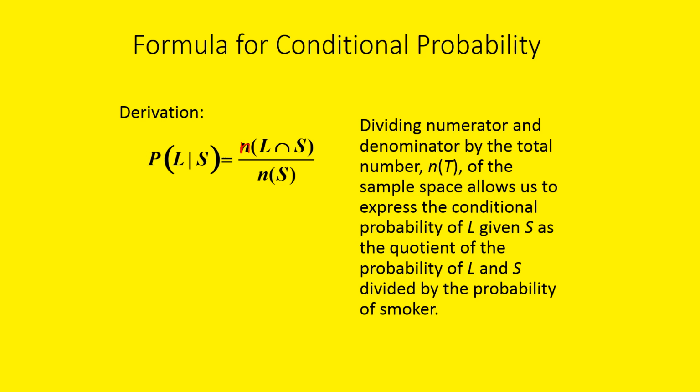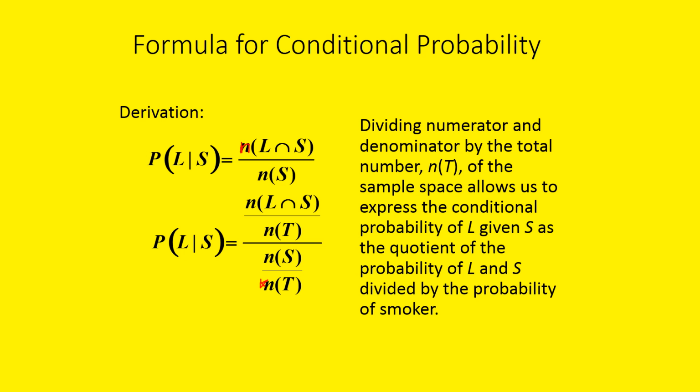That allows us to express the conditional probability of L given S, lung cancer given smoker, as the quotient of the probability of L intersect S divided by the probability of S, smoker. So divide top and bottom by the total number of people in the U.S., n of S. You know, that number is over 300 million. But what have we done?